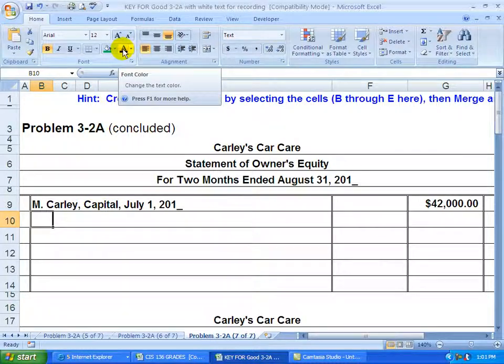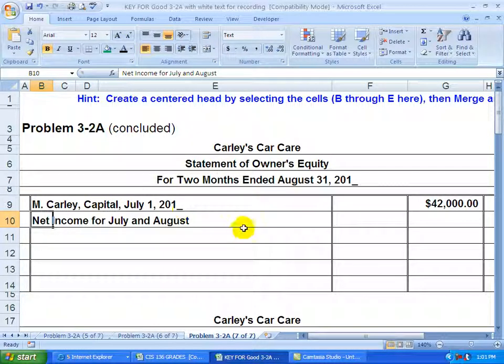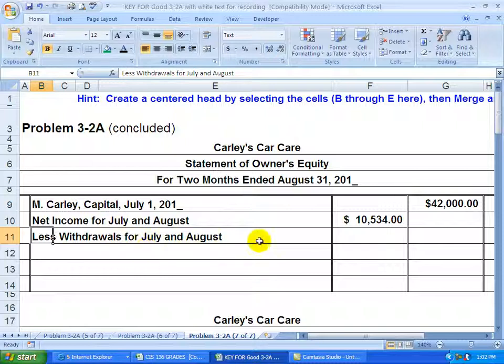We're going to go to the net income for July and August, and that comes from the income statement that we just did. Remember the $10,534? And then we're going to subtract the withdrawing for July and August. So this comes out of your account for drawing or off of your trial balance.